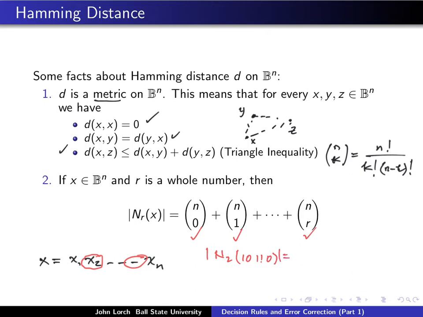And if you came up with 16, then that's the right answer, because according to our formula, it should have been 5 choose 0 plus 5 choose 1 plus 5 choose 2, and that's 1 plus 5 plus 10, which is 16.